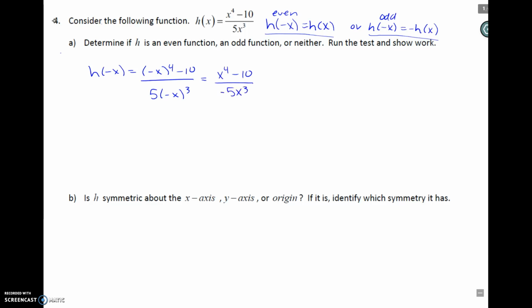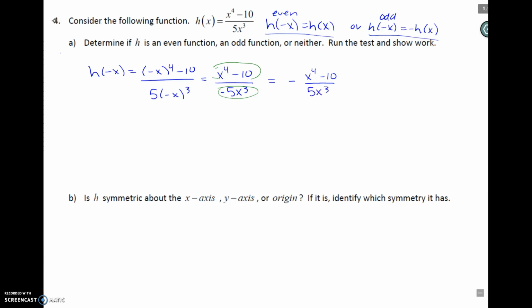Looking at this, it doesn't look like it's all the same, and it doesn't look like it's really all opposite. But since the top half is positive, divided by a negative, we can pull the negative out. It doesn't come out of both, it just comes out of one, because a positive over a negative gives you a negative: x to the fourth minus 10 over 5x cubed.